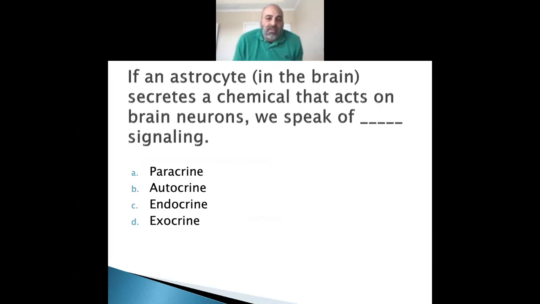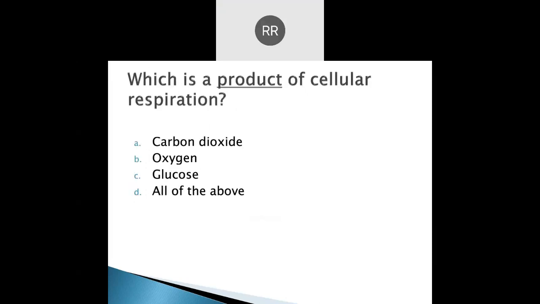All right. If an astrocyte in the brain secretes a chemical that acts on neighboring brain neurons, we speak of it as paracrine. Correct. Excellent. Which is a product of cellular respiration?